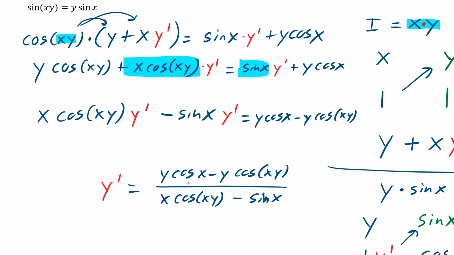Now be okay with making mistakes. These are not simple. So if you make a sign error here or there, some sort of algebraic error, they're just things you have to work on checking.